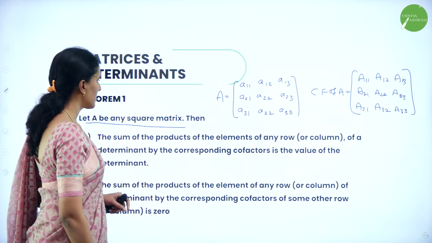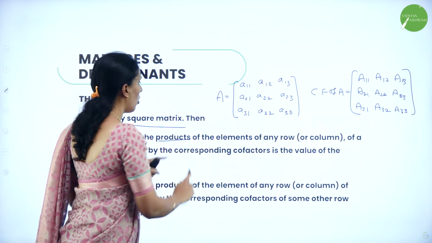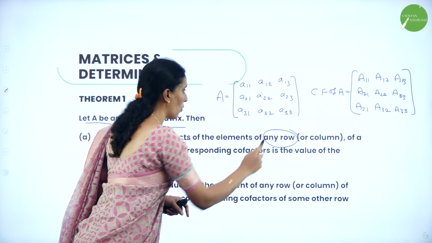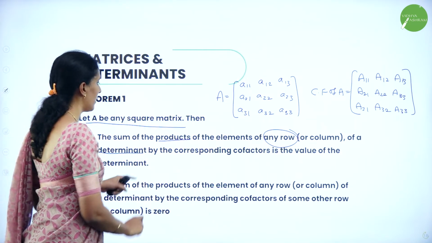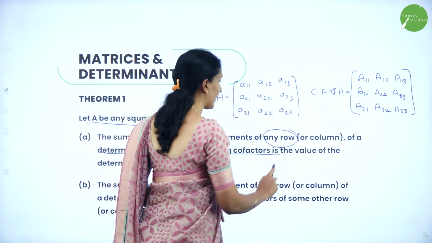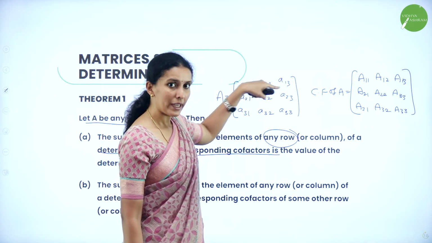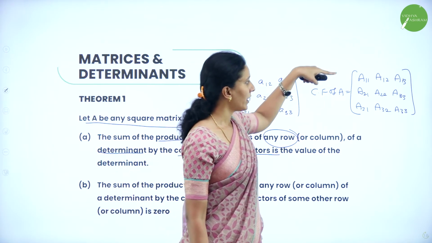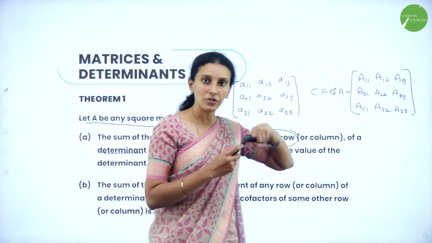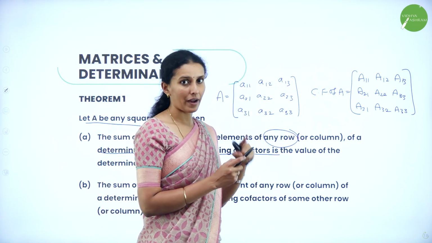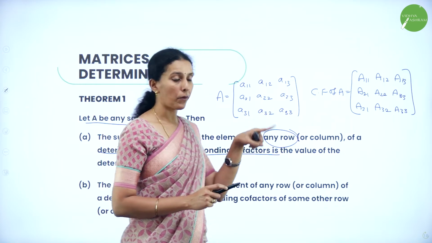So what does the first theorem say? The product of the elements of any row of a determinant by the corresponding cofactors. If you take the elements of the first row in the matrix, you take the corresponding elements of the first row in the cofactor matrix, and take the products.